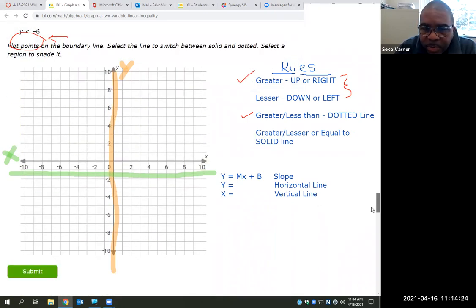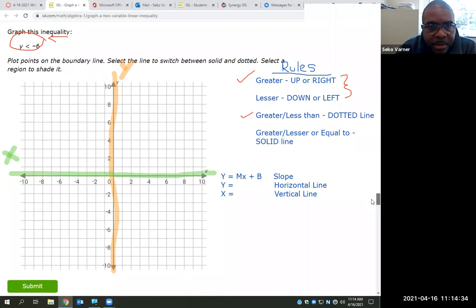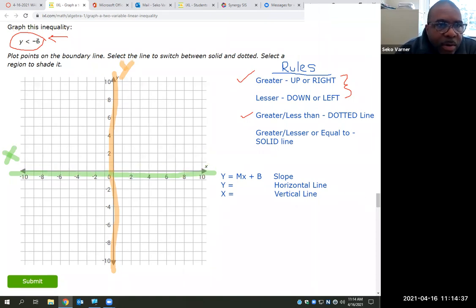We're going to do this one. This is the y-axis, and this is the x-axis. Our problem is y is less than -6.